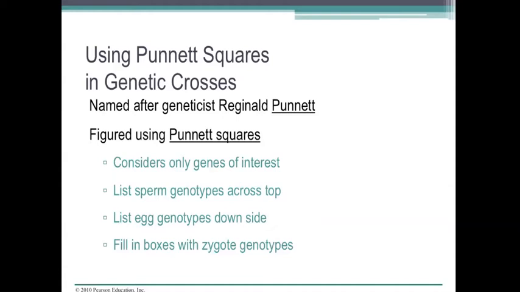So here it says list the sperm on the top, the egg on the side. Sometimes it doesn't matter unless you want to know who produced what gene. The resulting squares that come from the Punnett are the zygote, or the offspring.